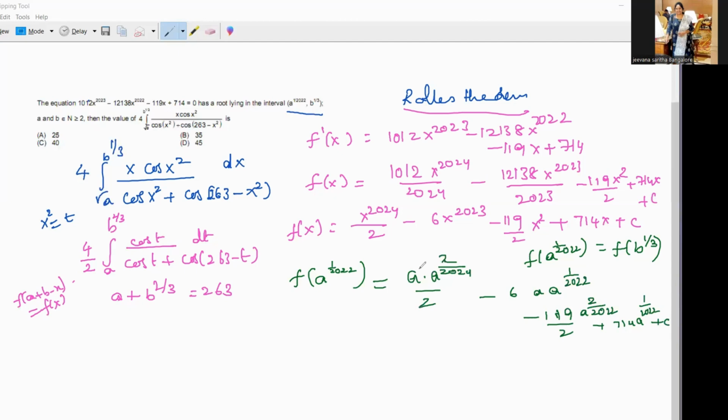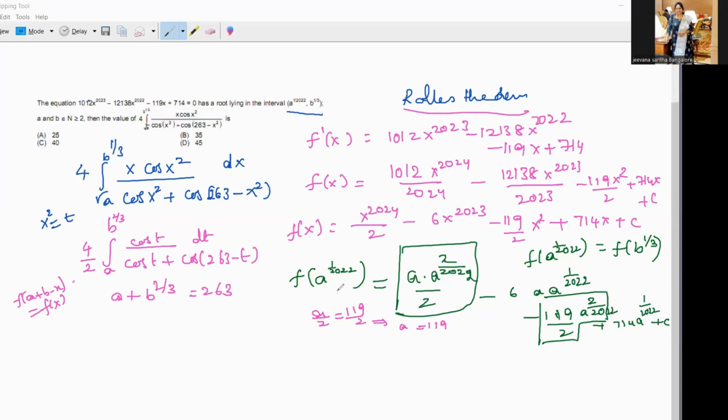Now, if you carefully observe, there are similar terms available here. With this observation, I'll assume that a by 2 should be equal to 119 by 2, which in turn lets me guess a as 119.